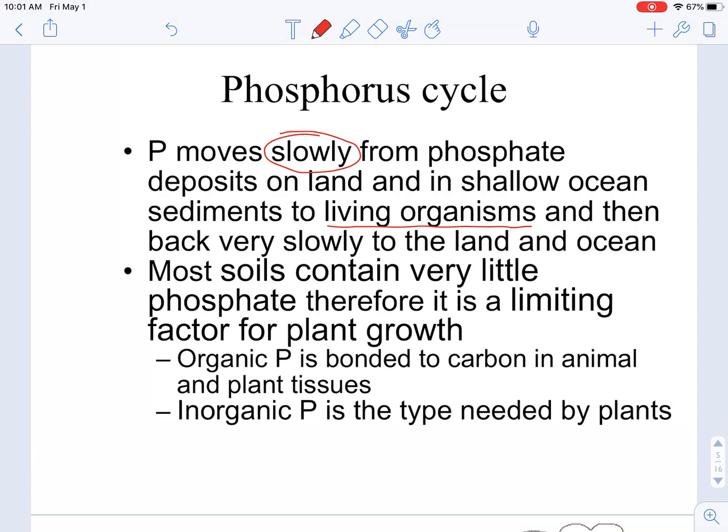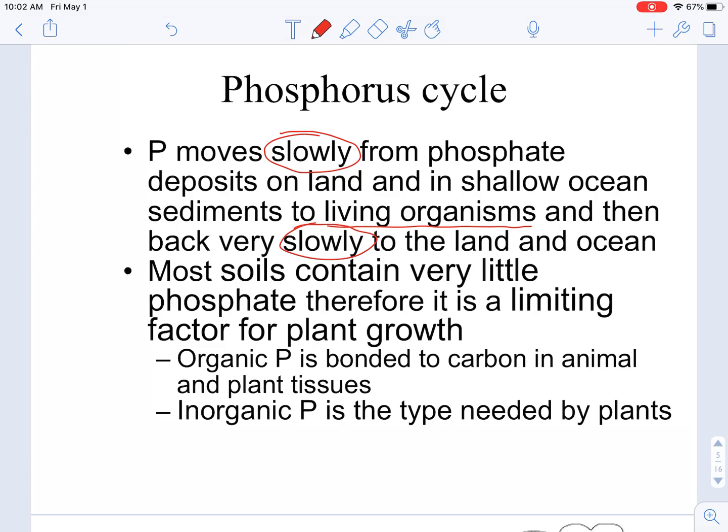But getting it from living organisms back to the geosphere and the hydrosphere is slow again.